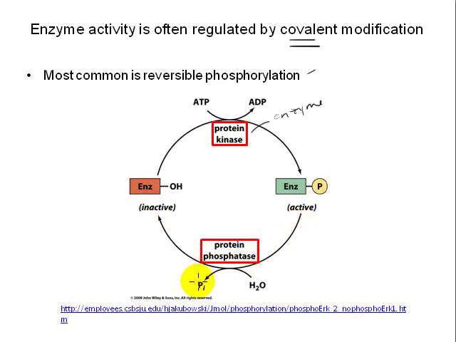In the example shown here, phosphorylation by the kinase results in the enzyme being activated, and dephosphorylation by the phosphatase results in deactivation of the target enzyme. So kinases and phosphatases are responsible for switching enzyme activity on and off in controlled fashion, responding to changing conditions in the cell. We'll see several examples of this type of regulation in our cell signaling and cell division topics.